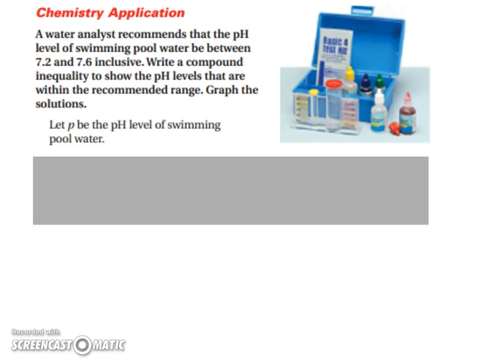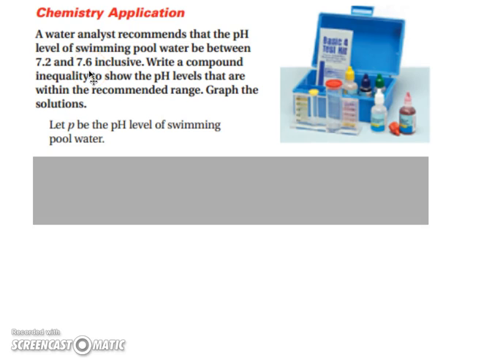A water analyst recommends that the pH levels of swimming pool water be between 7.2 and 7.6 inclusive. Write a compound inequality to show the pH levels that are within the recommended range. Graph the solutions. So, we're going to let P be the pH level of swimming pool water. So we have 7.2 and 7.6.